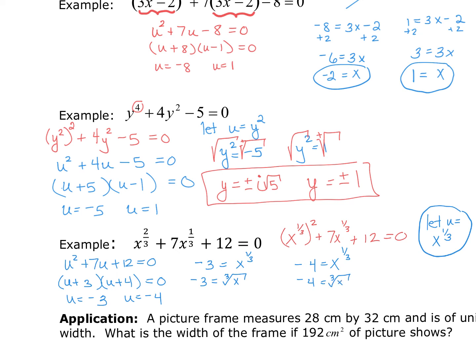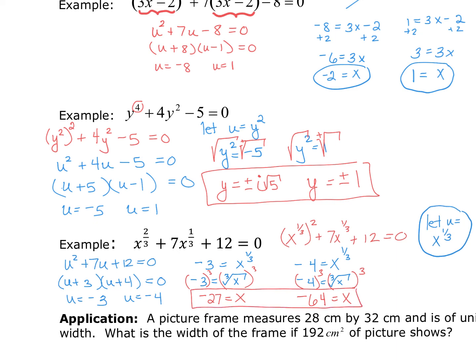And to get rid of that cube root, we need to cube both sides. So we're going to cube this and this. We're going to end up with negative 27 equals x, and also negative 64 equals x for our two solutions in x.